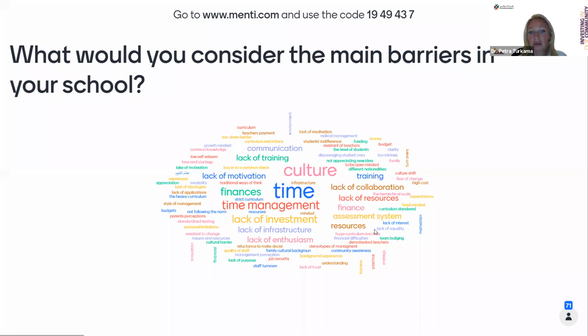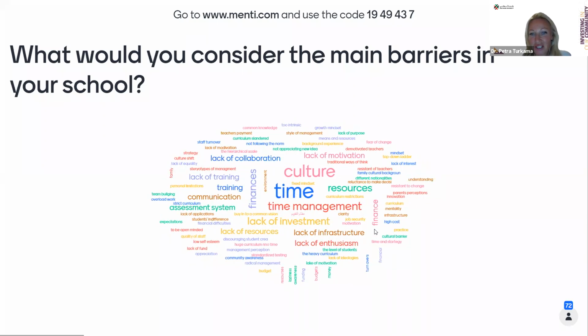So time, resources, assessment system. Yes, it's usually very rigid, and it doesn't help if you have some very strict curricula to follow or accreditations. It gets even more like that. Payment, I love that. Yeah, we all know teachers' work is not always appreciated as much financially as it should be.